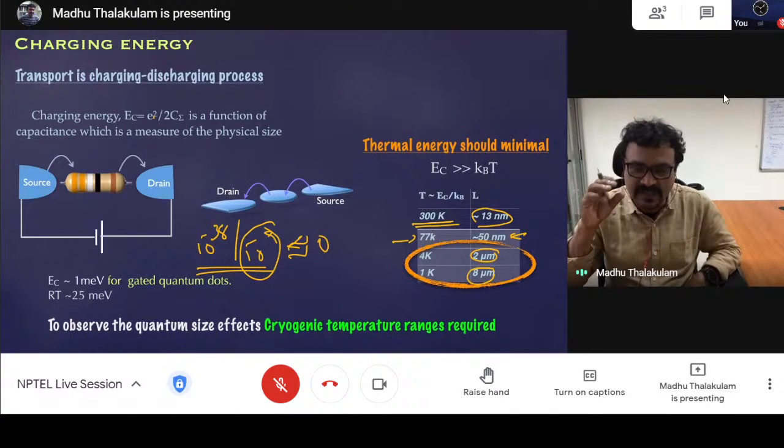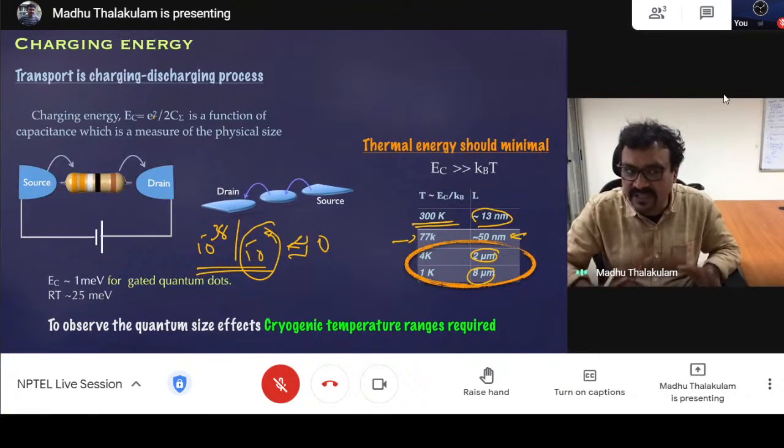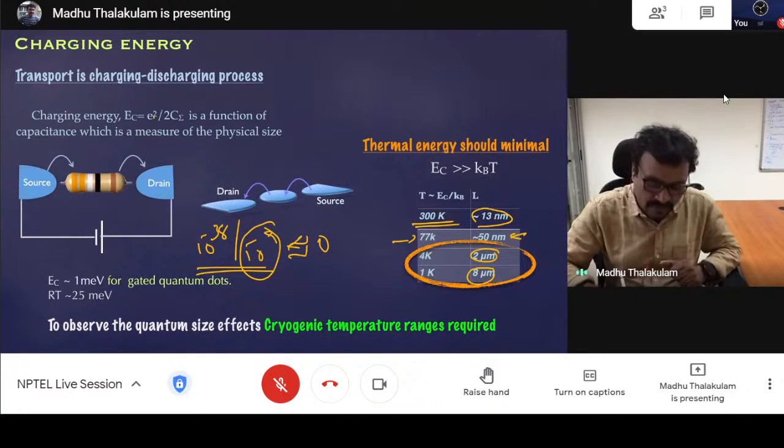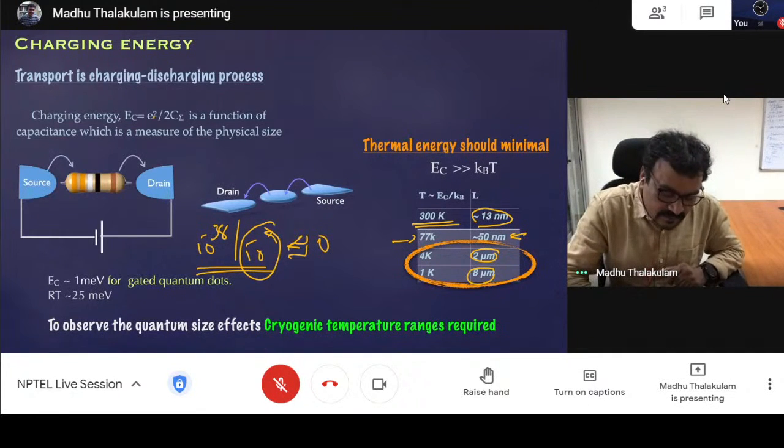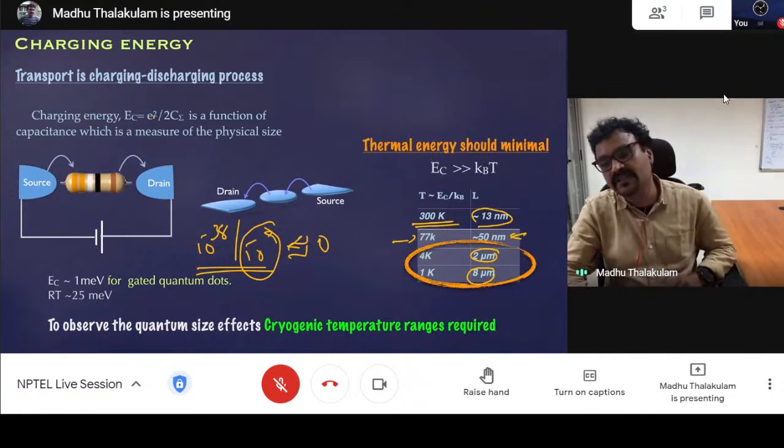So that's where the quantum mechanics comes in, but it's not really a quantum mechanical phenomenon. It's simply an electrostatic charging phenomenon. So to observe this charging energy, you need to go to cryogenic temperatures. That is the point here.